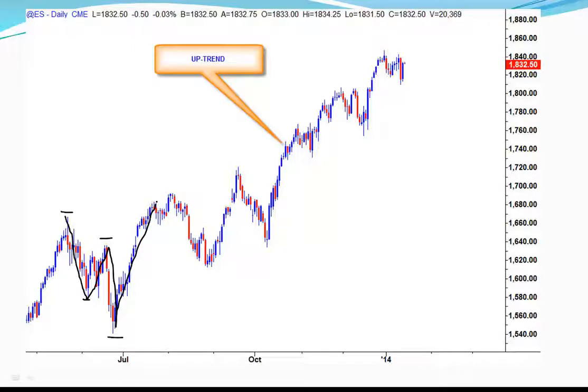And sometimes you see the same process like this, and you could see that you're just following the structure of the market. But as long as new highs are made on every advance and higher lows on every decline, that's establishing an uptrend.